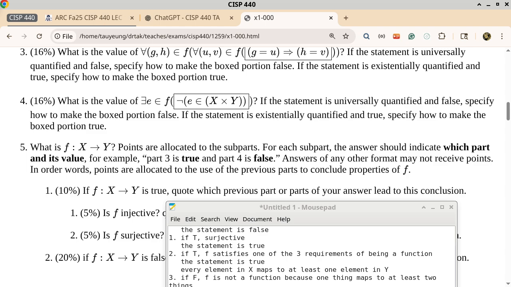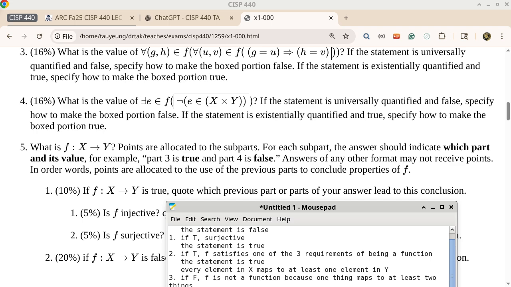To answer 5.2, yep, you only need one. Some of the functions can have multiple reasons why it is not a function, but if you state one, that'll be sufficient. Because to show that something is not a function, you just have to say it's missing this requirement, because the three requirements are necessary requirements.